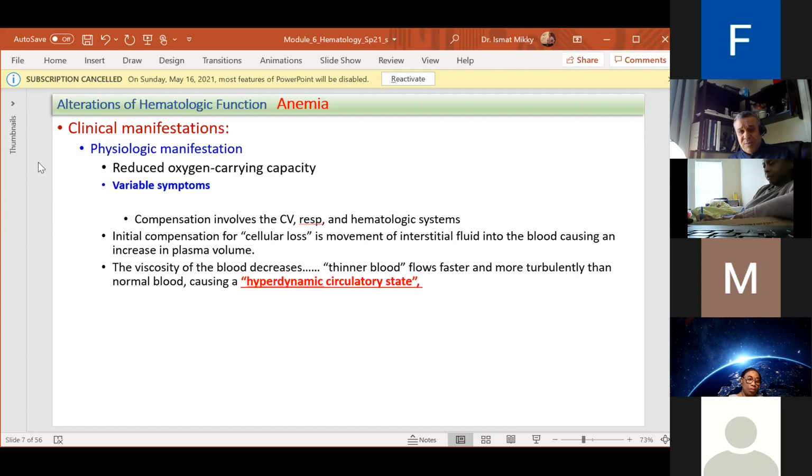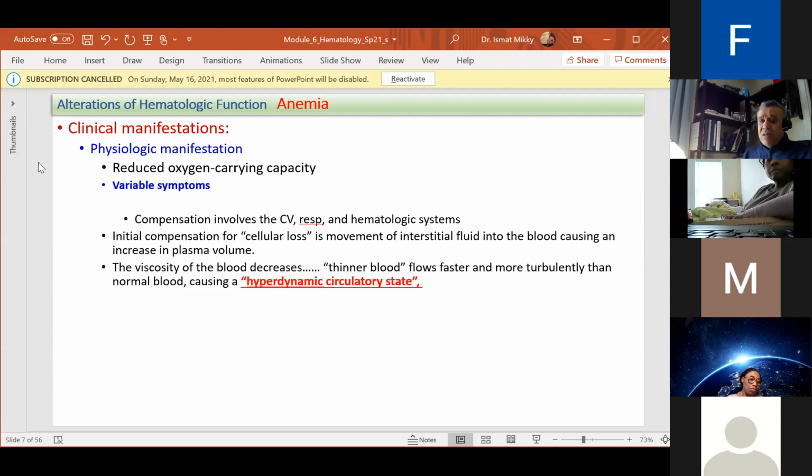It has to be addressed and corrected, so by correcting the underlying anemia or condition, we can prevent the high output heart failure. That is a specific name for heart failure, because we have left side heart failure, right heart failure, and we have also what is called high output heart failure.